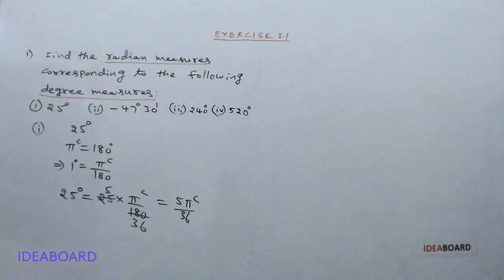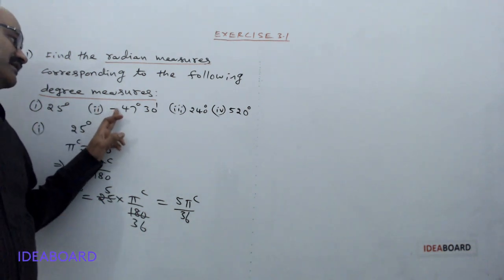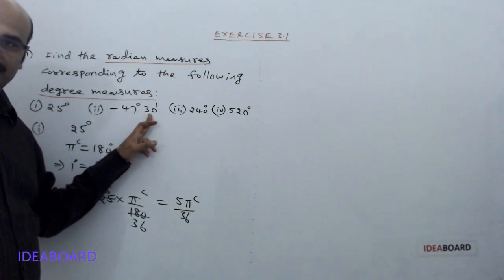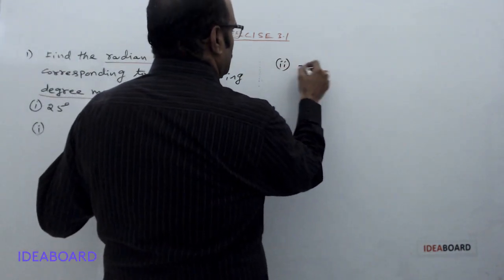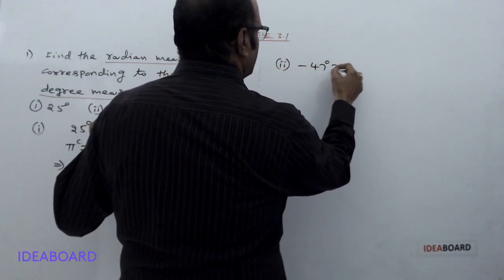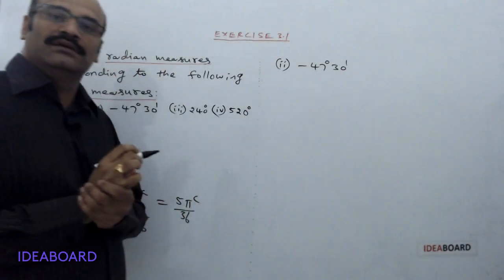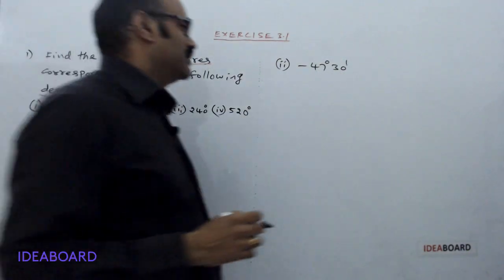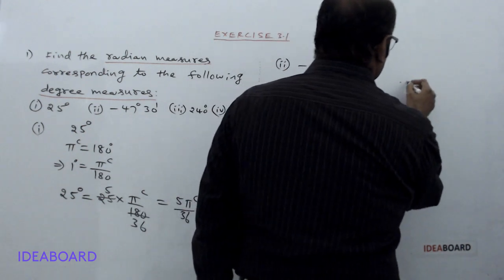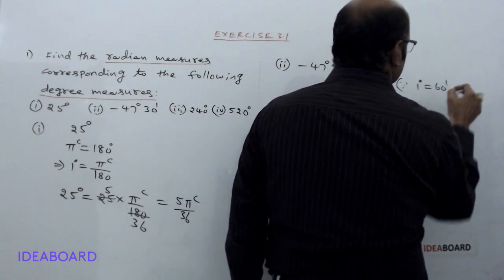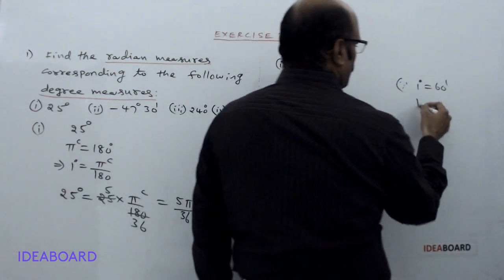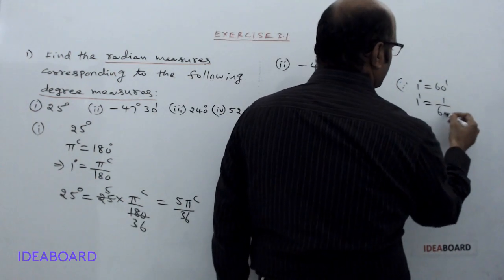Now, second problem is given that minus 47 degrees 30 minutes. Now, we know that 1 degree equal to 60 minutes. So 1 minute equal to 1 by 60 degrees.